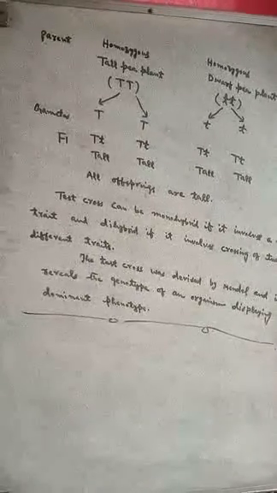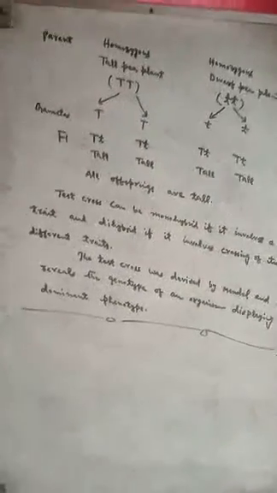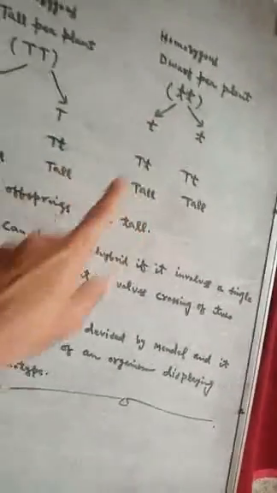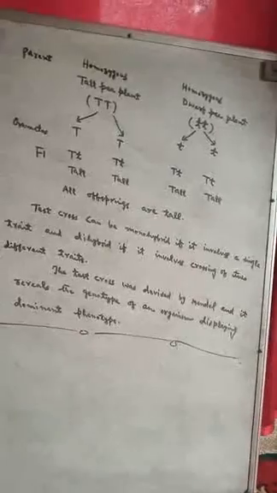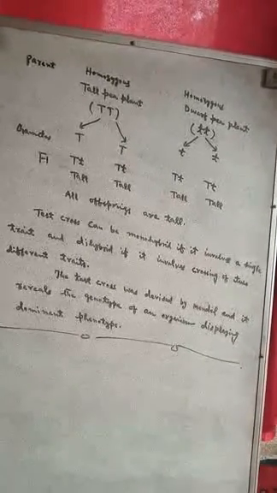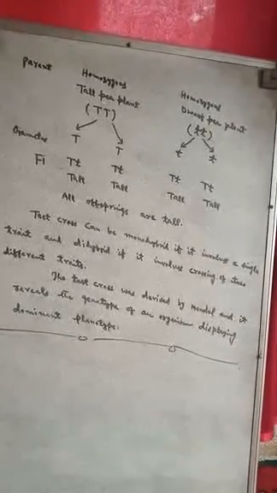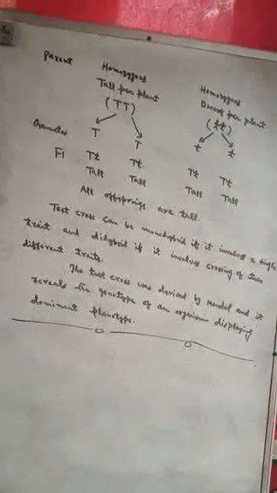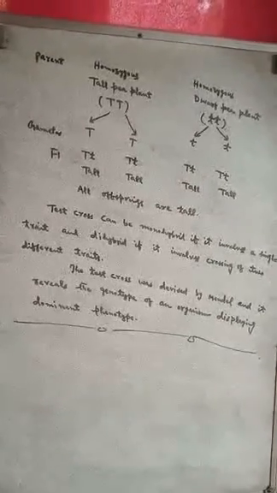When segregation appears in the gametes, capital T segregates here and small t segregates here. Then in the F1 generation, there will be capital T small t, capital T small t, and capital T small t. All will be tall. The offspring will all be tall, so you can see that all these offspring are tall.